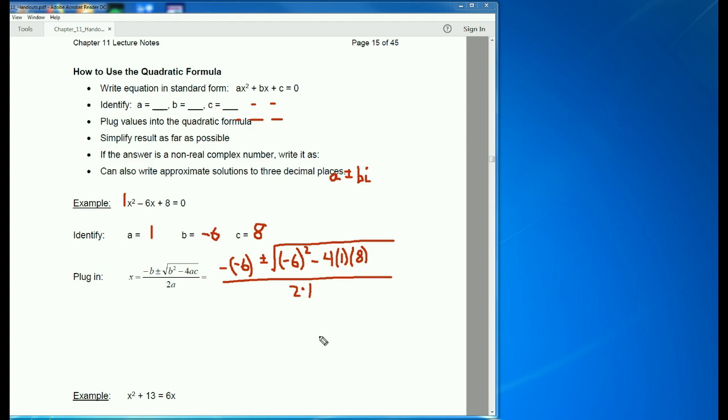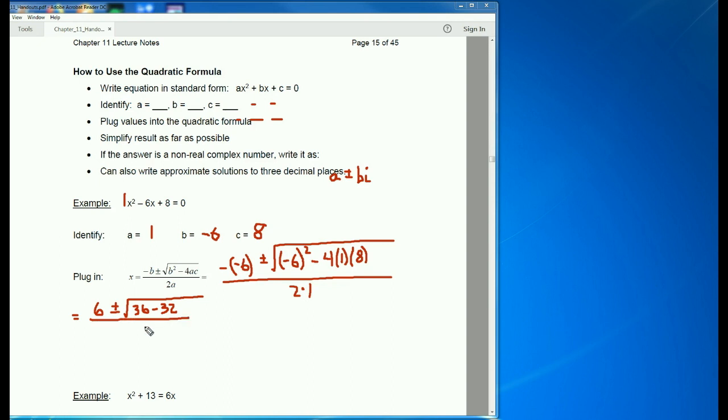Okay. All right, so let's take another pass through and start simplifying. So again, opposite of negative 6 is positive 6. And then plus or minus square root of, so negative 6 times negative 6 is positive 36. Minus 4 times 8 is 32.